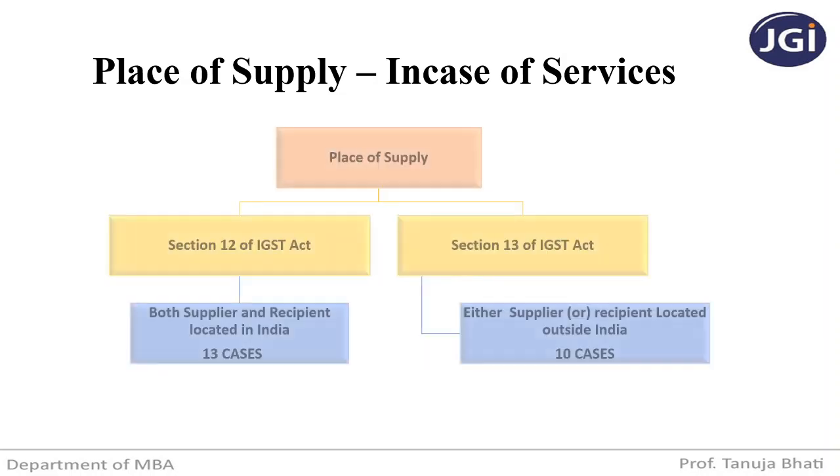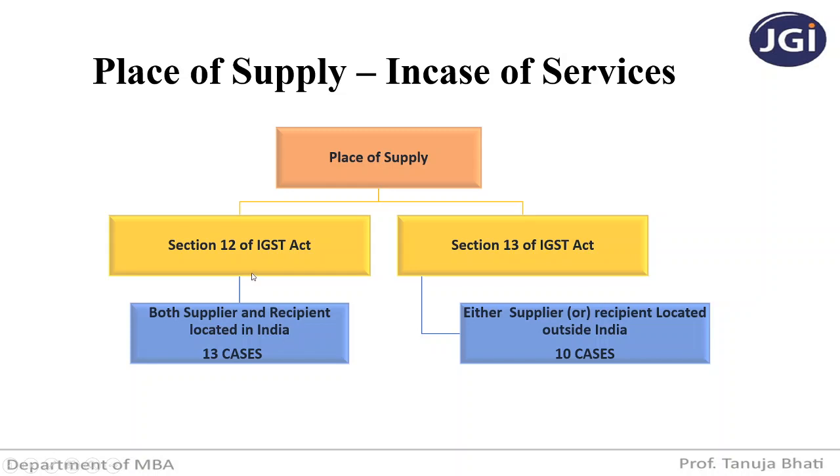Moving ahead, place of supply for services. In a previous video lecture we have seen this for goods, but for services also the sections are different. Section 12 of the IGST Act and Section 13 of the IGST Act talk about place of supply in case of services. Section 12 has to be used when both the supplier and recipient are located in India.